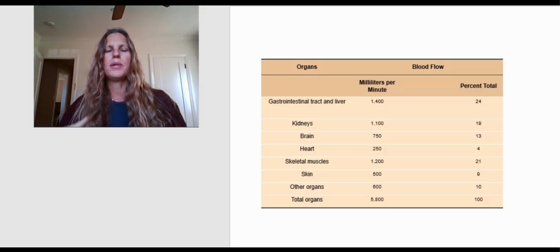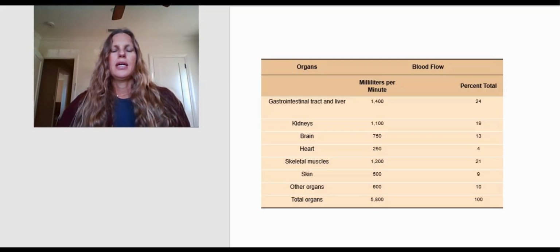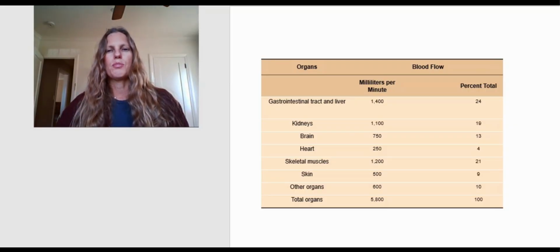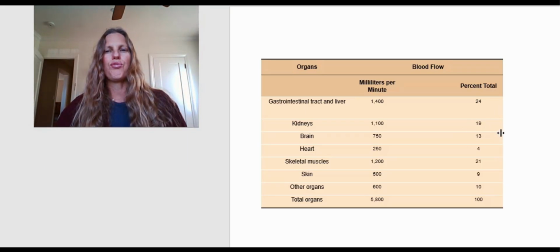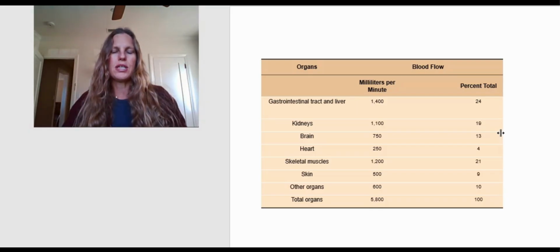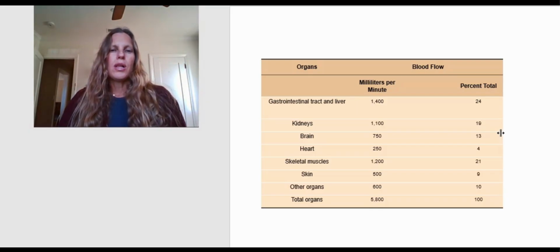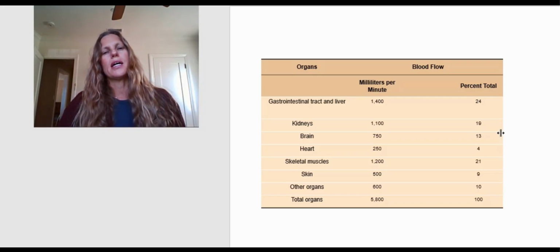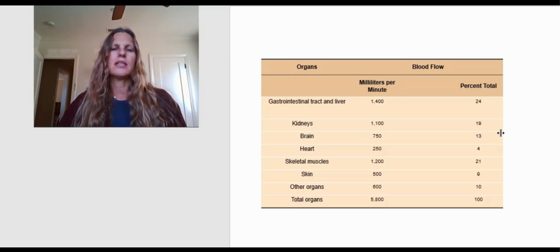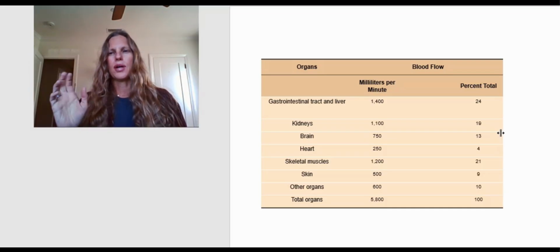So if you had 100 mils of fluid in a minute moving around, about 24% of that blood would be in the gut and liver, 19% would be in the kidneys, 13% the brain, 4% the coronary arteries, 21% the skeletal muscles, 9% the skin, and then the other remaining 10% is going to be distributed across other organs depending on demand. Okay.